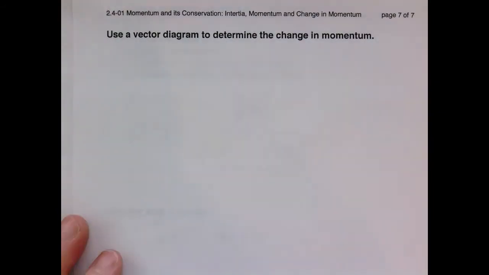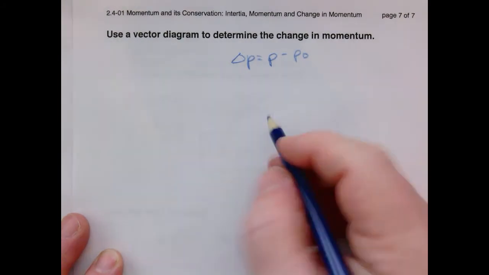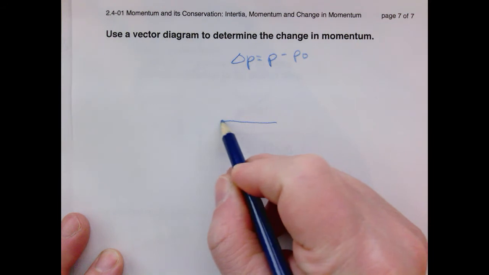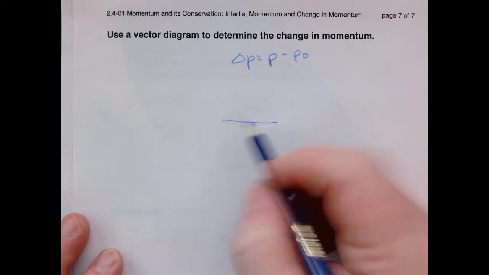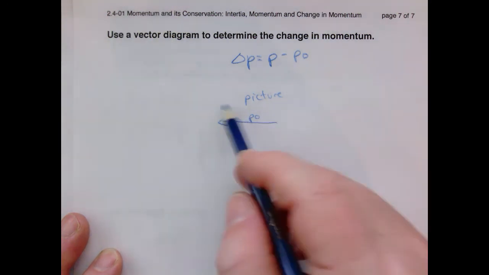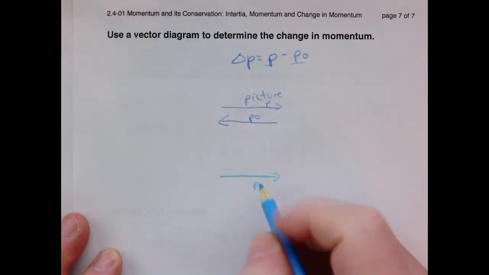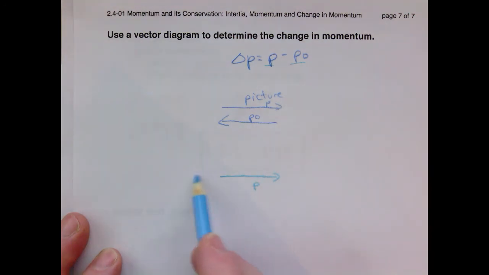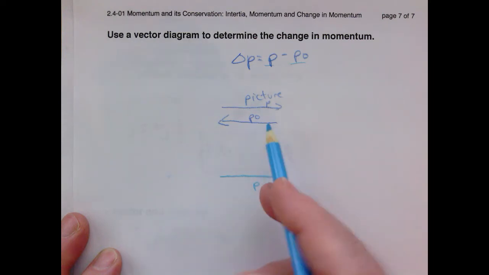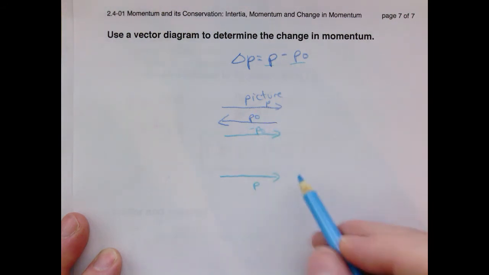The last thing I want us to do is to apply our drawing of vectors to the change in momentum. Start out algebraically, delta P is P minus P0. Our picture showed us starting out with momentum P0, and later momentum P. So we draw P first, then minus P0, which is P0 inverted in the other direction, placed at the very end.